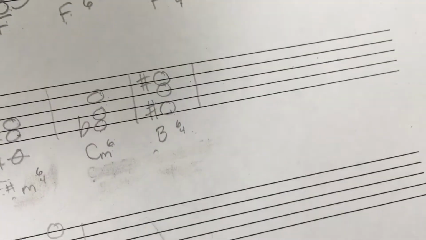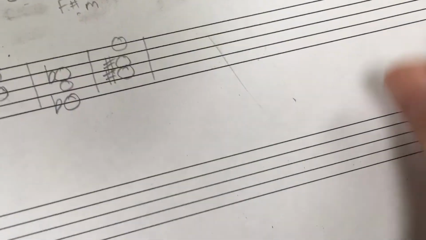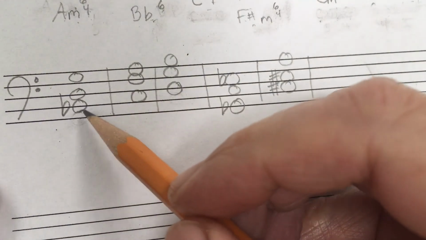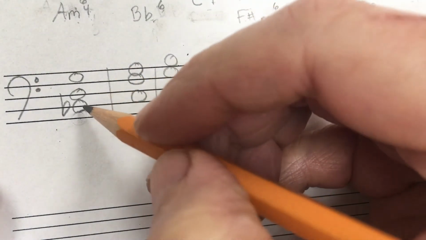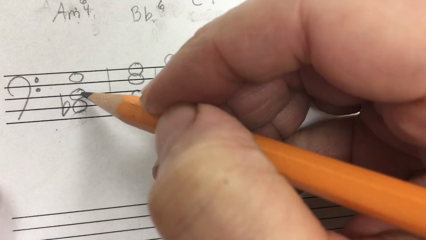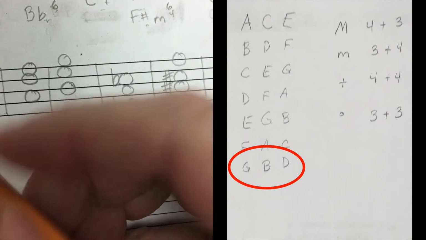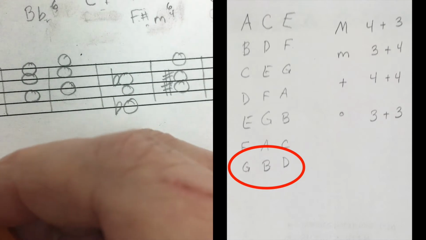Okay, let's move to the bass clef. Let's identify this chord. Okay, we have B flat, D, and G. So let's write those in snowman order or basic triad.